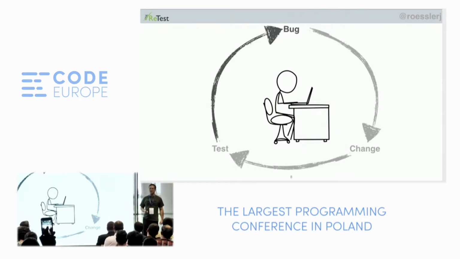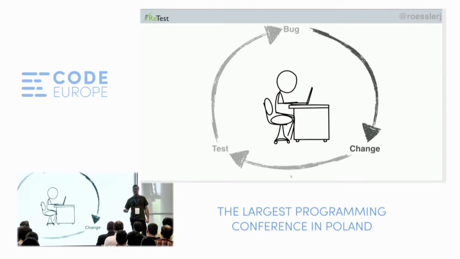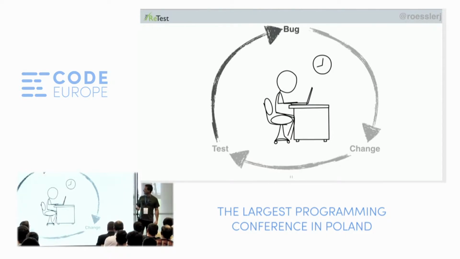Obviously he wants to fix that bug, which leads to another change, which means another round of testing, and too bad, he found yet another bug, and as you can see, this continues for some time.